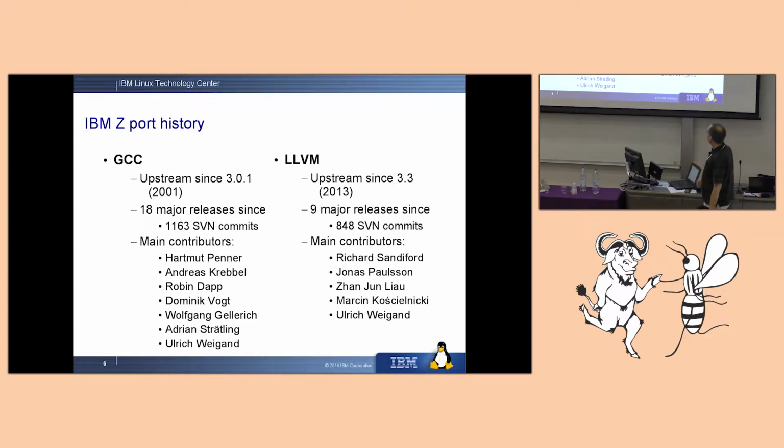On the LLVM side, we have been upstream since 3.3, which is only 5 years ago, 2013. But still, there have been 9 major releases since, as they do a major release twice a year, while GCC is about once a year.